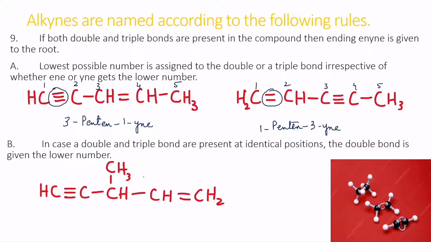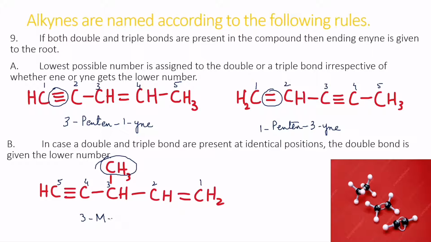But if both the double and the triple bond are present at the same positions, then we always give preference to the double bond. That means we'll start numbering from the end that's closer to the double bond. So here the name would become, as we have a group as well which is attached to carbon number 3, so we'll write that name as well.